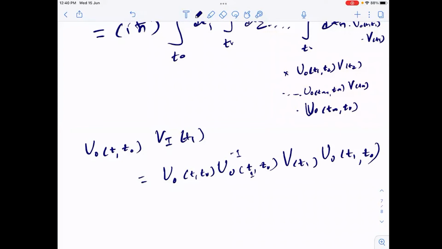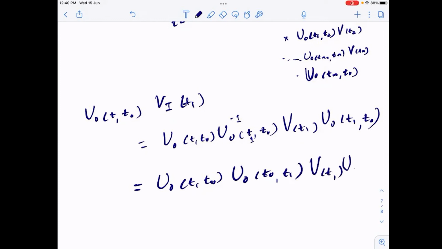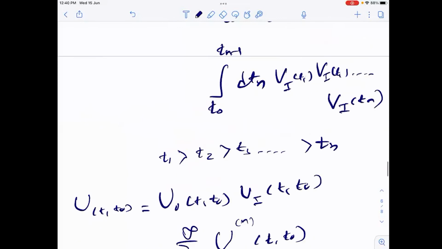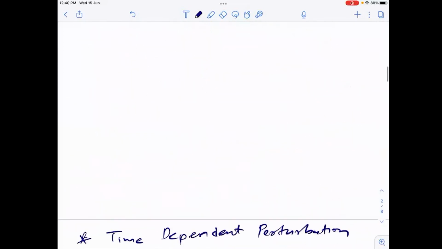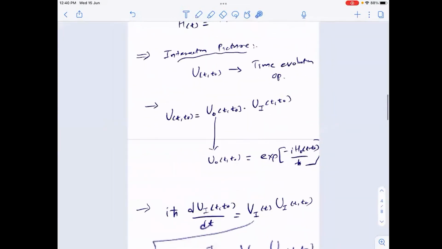Now this will be equal to U0 T0, U0 T0 T1, VT1, U0 T1 T0. Why? Because that's what we defined earlier in the beginning of the discussion here, right? Here.